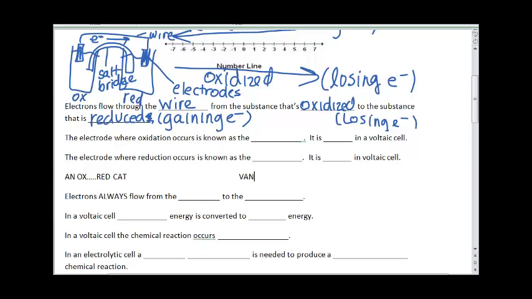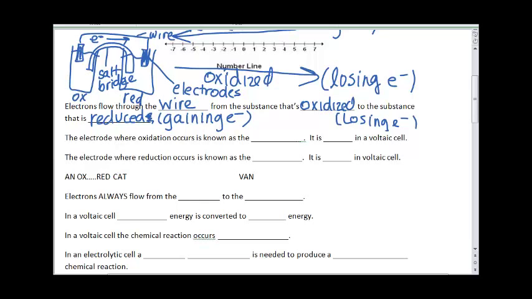It wouldn't make sense if anything went from the gainer to the loser. That's an oxymoron. If I give you money, money flows from me, who's losing it, to you, who's gaining it, not the reverse. So electrons will always flow from the loser to the gainer, from who's oxidized to who's reduced, from O to R in alphabetical order.